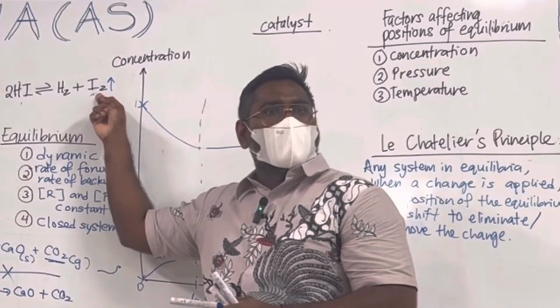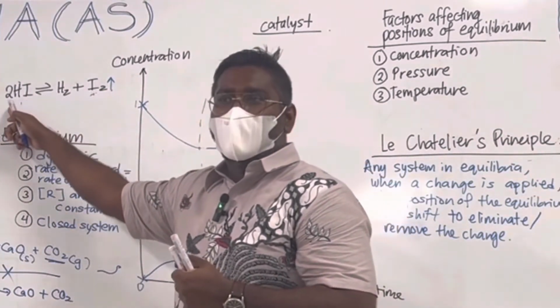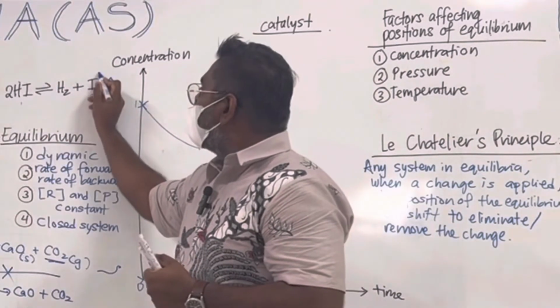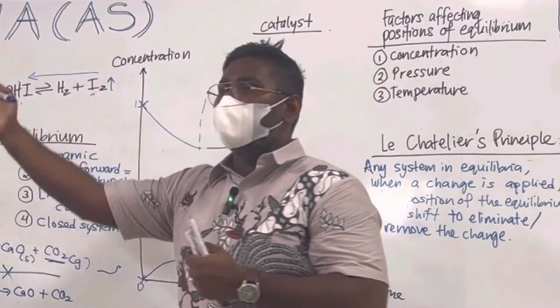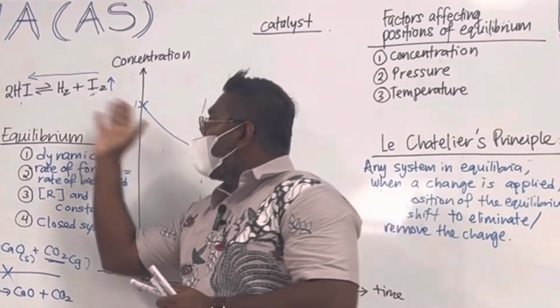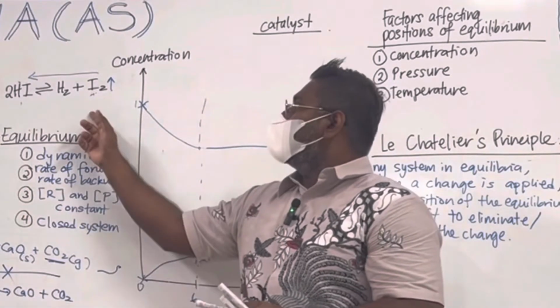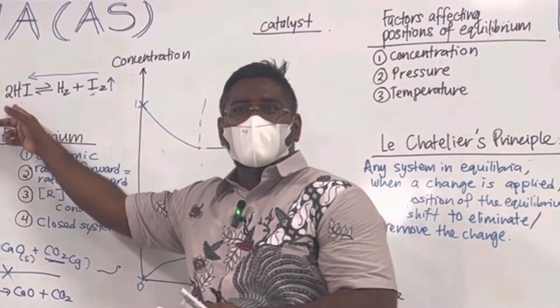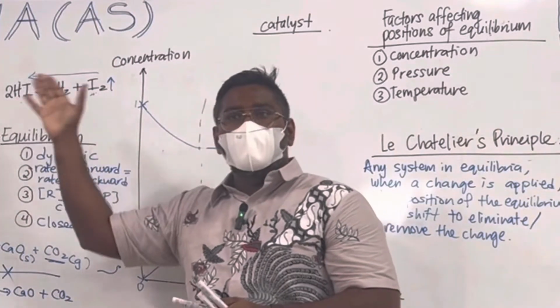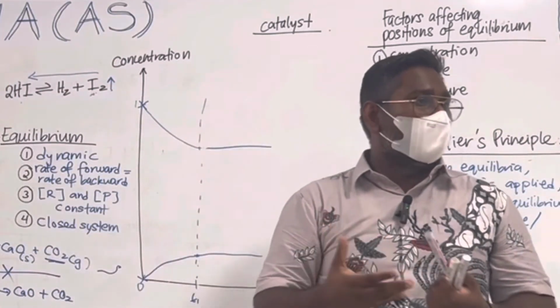So how do you make it react more? You react it with H2 to form more HI. It means the position of the equilibrium will move to the left. When that happens, I2 will be used up, and you are going to get more HI. This is trying to eliminate the change.